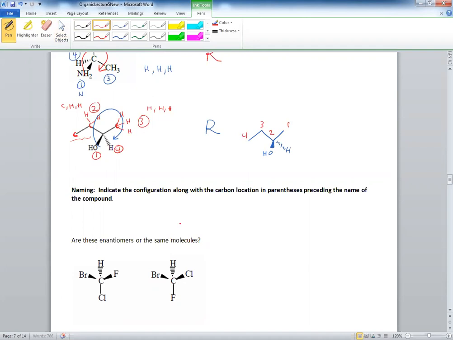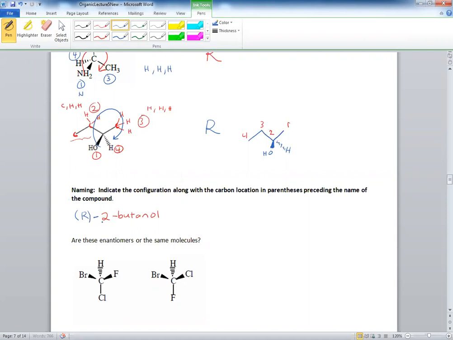So that's a butanol. We have 2-butanol. What was the configuration? It was an R. So all you have to do is put this in parentheses before the name as a prefix, and that would be called (R)-2-butanol.